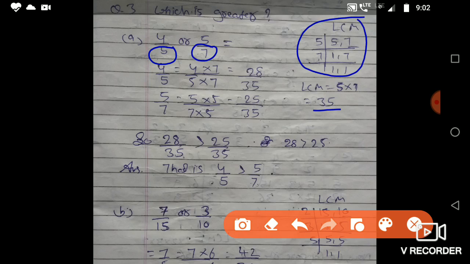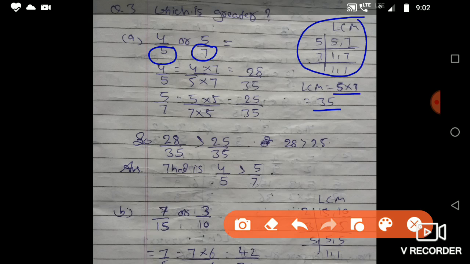Our LCM is 35. How do we find the LCM? First write 5 and 7, then divide: 5 ones are 5. 5 is not in the table of 7, so write 7 as it is. Next, 7 ones are 7, and our LCM is 5 into 7, that is 35.